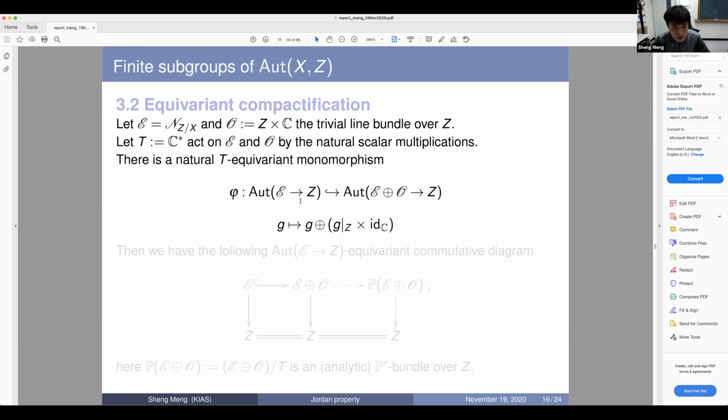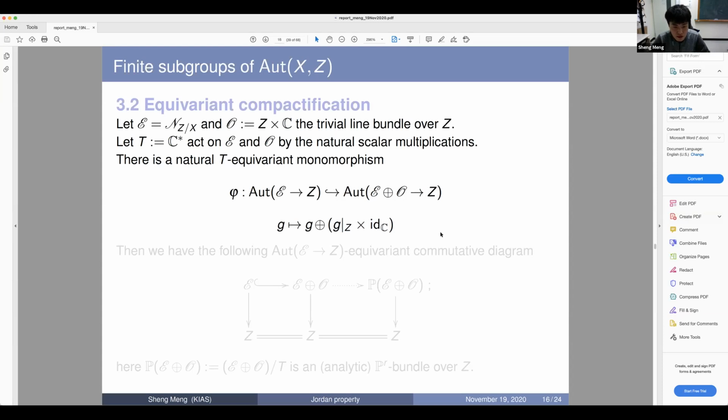And then there is a natural T-equivariant monomorphism phi. So first you have this G, and then you have this factor. This we keep here, but for the second factor, we only keep the descended automorphism on Z, but on the vectors it is always identity.